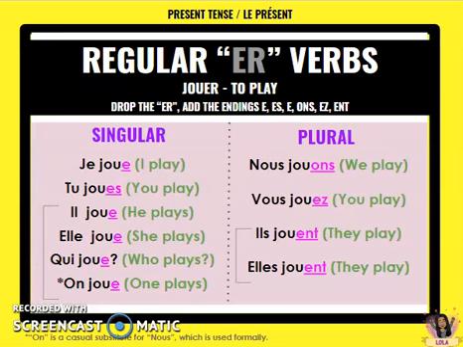Here is jouer conjugated in the present tense, and jouer means to play. Je joue, tu joues, il joue, elle joue, qui joue, on joue. Nous jouons, vous jouez, ils jouent, elles jouent.